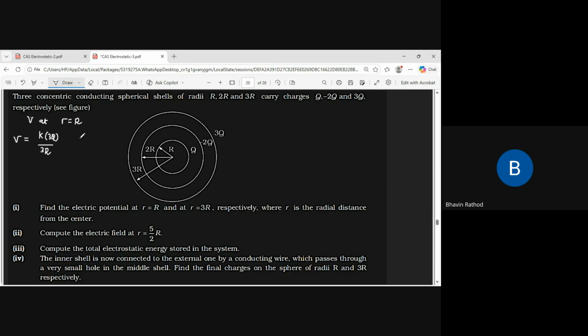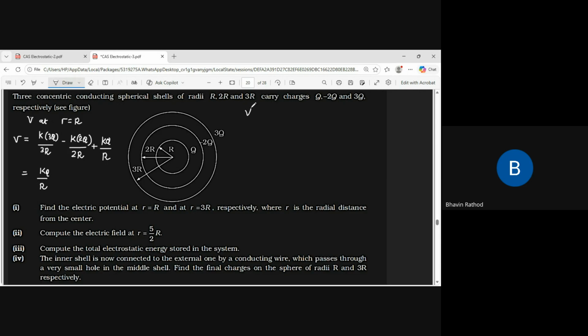Because of the middle shell, it will be equal to K into minus 2Q by 2R, because the charge is negative. And because of the innermost shell, it will be equal to KQ by R. So that finally gives us KQ by R.